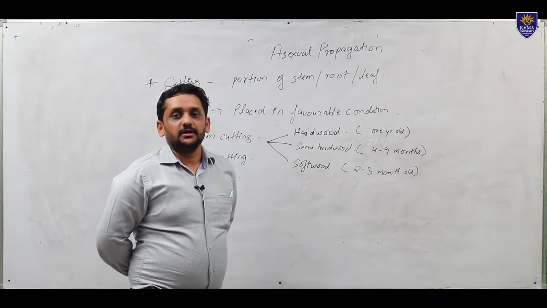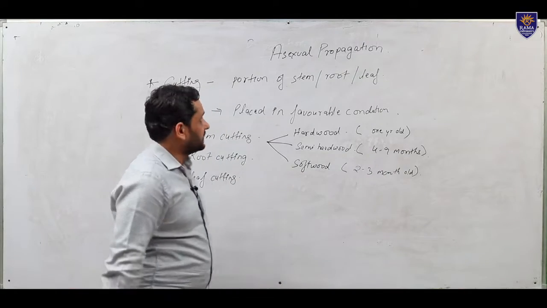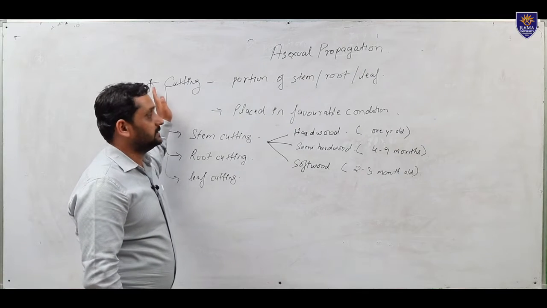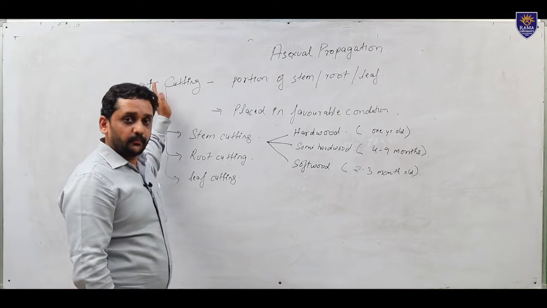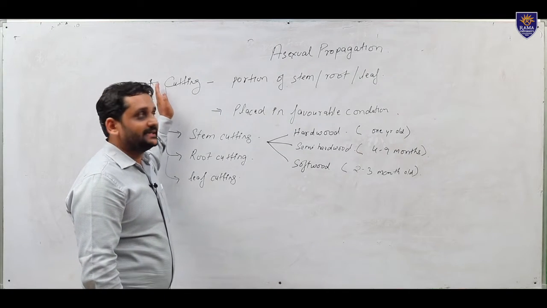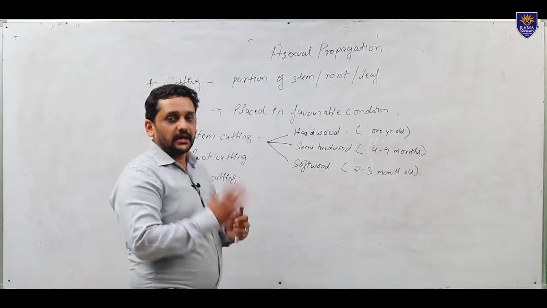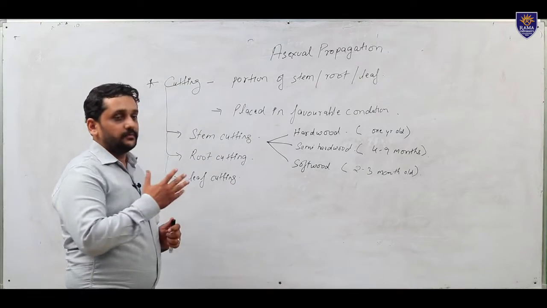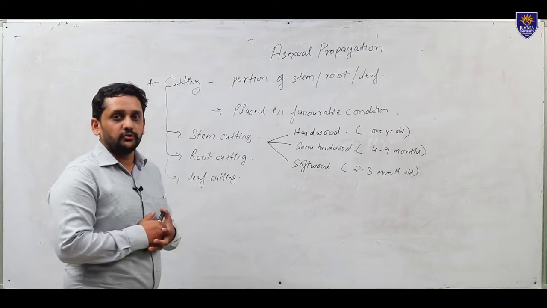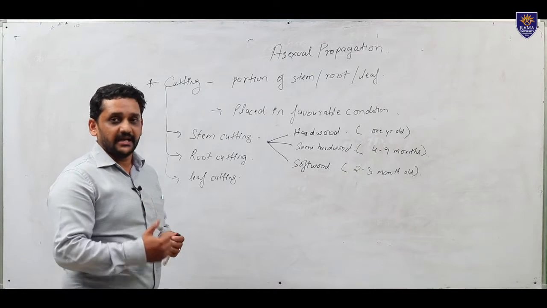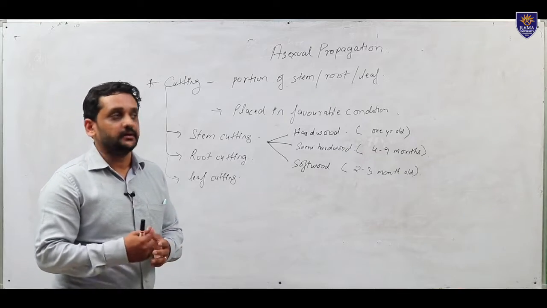So the first method of asexual propagation is cutting. As you know from the heading, cutting means cutting a portion of the stem, root or leaf of a plant, which helps in the propagation, in the multiplication of new plants.